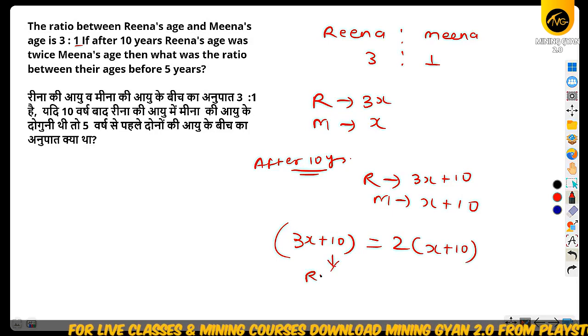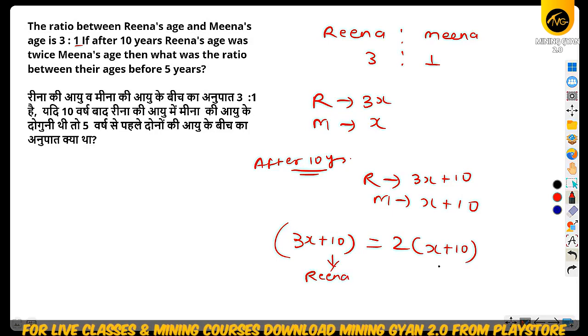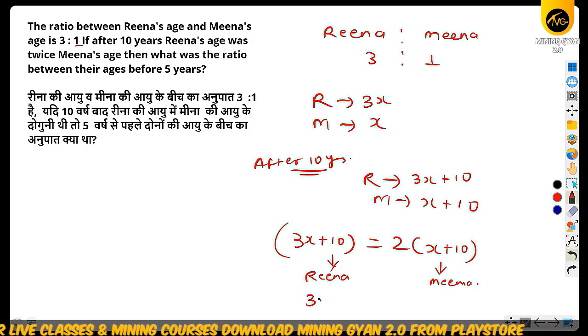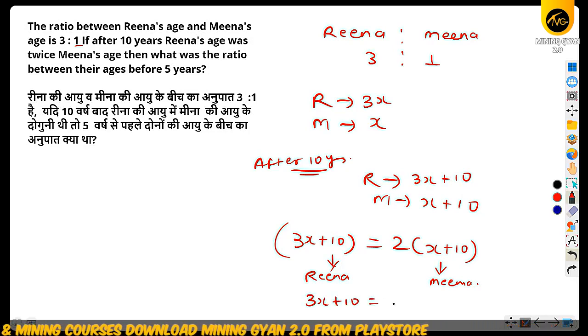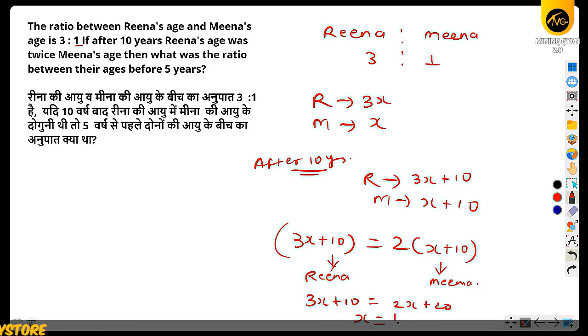This is the expression of Rina's age and this is Mina's age. Now just find the value of x. 3x plus 10 is equal to 2x plus 20. Now 3x minus 2x is x, equal to 20 minus 10, that will be 10.